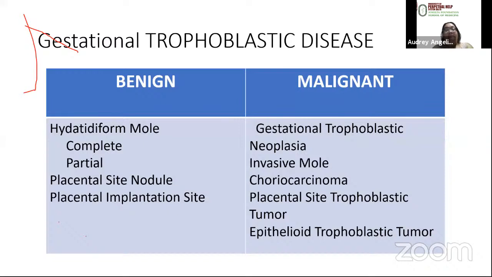Okay? For this lecture and at your level, please concentrate on the difference between your hydatidiform mole and your gestational trophoblastic neoplasia. Others would be nice to know.